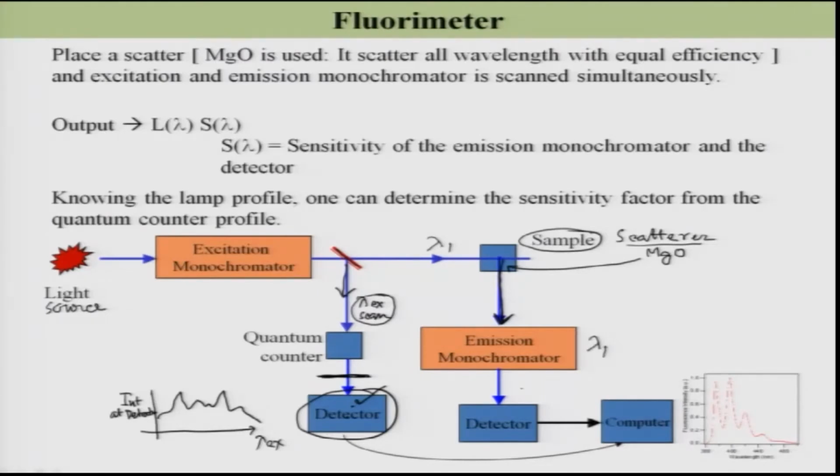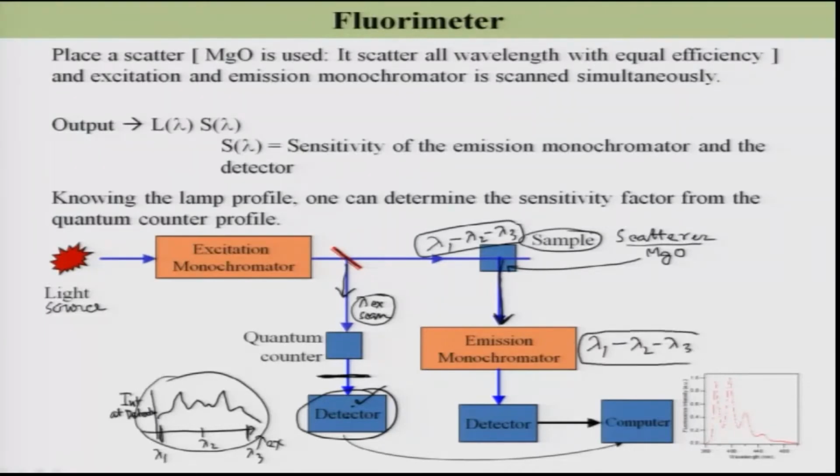So, I scan this wavelength region, lambda 1, lambda 2, lambda 3, and simultaneously I also have to set the emission monochromator to lambda 2, lambda 3. That means a synchronous change of wavelength of the excitation monochromator as well as the emission monochromator.